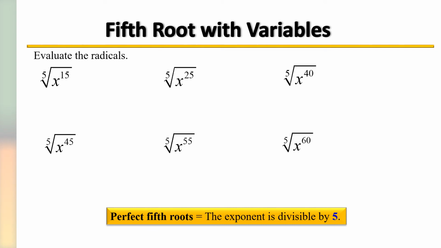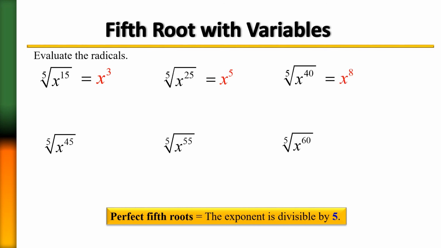So what is the fifth root of x to the 15th power? Yes, x to the third. What is the fifth root of x to the 25th power? Yes, x to the 5th. What is the fifth root of x to the 40th power? Yes, x to the 8th.